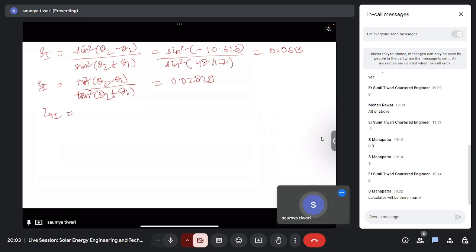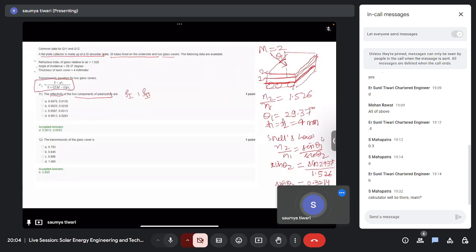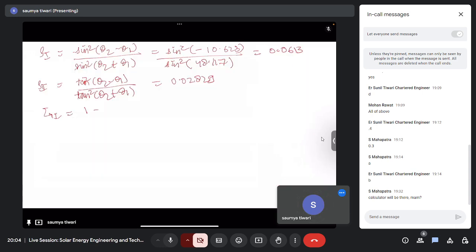It will be 1 minus rho 1 upon 1 plus 2m minus 1 into rho 1. And similarly, tau r2 will be 1 minus rho 2 upon 1 plus 2m minus 1 into rho 2.